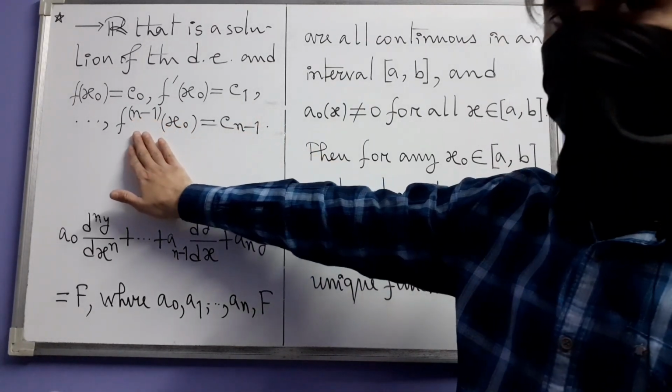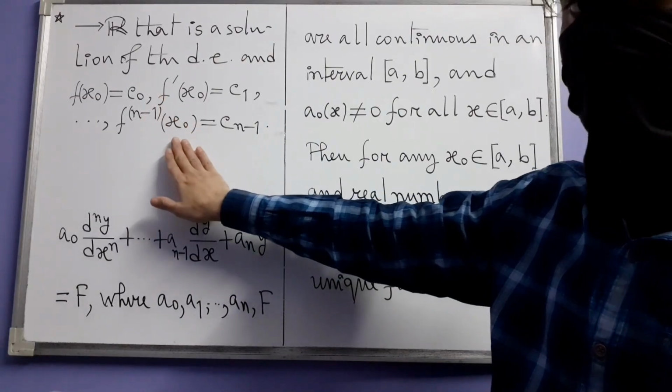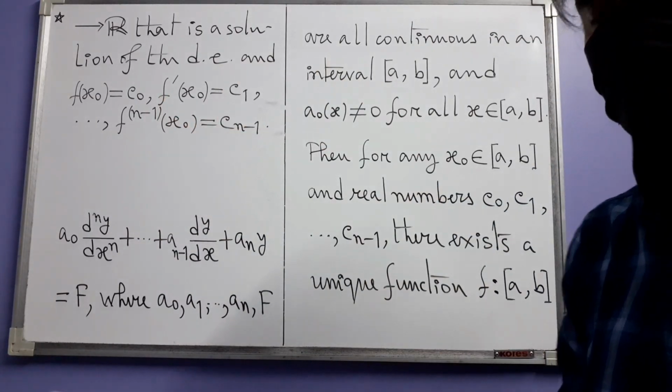The value of the n minus 1th derivative at x0 is c(n-1).